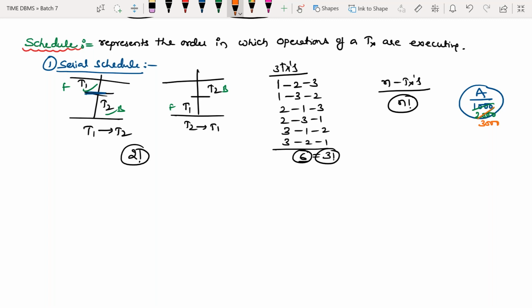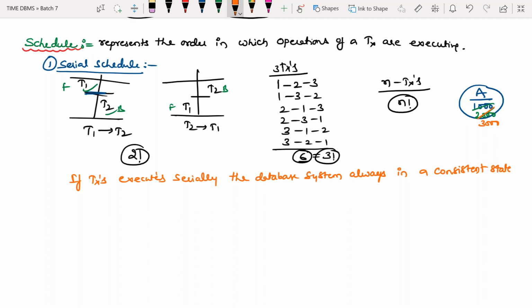Any loss occurred? No. So what does it mean? If transactions execute serially, the database system is always in a consistent state.